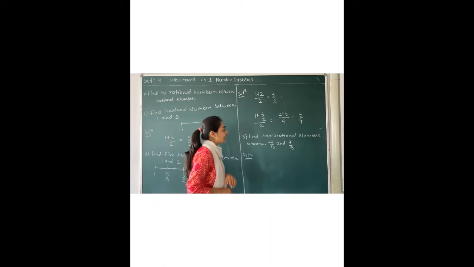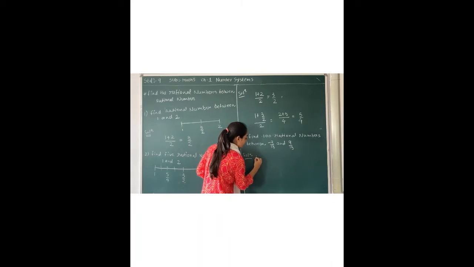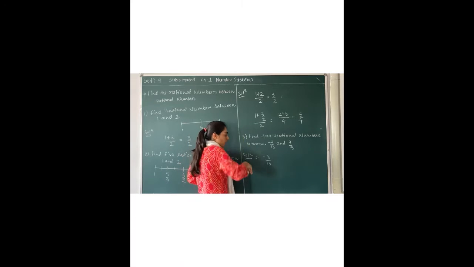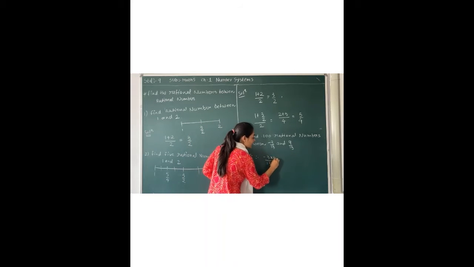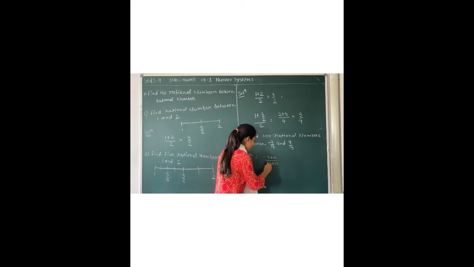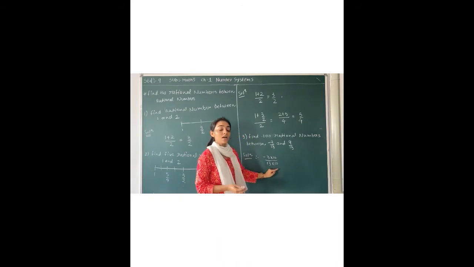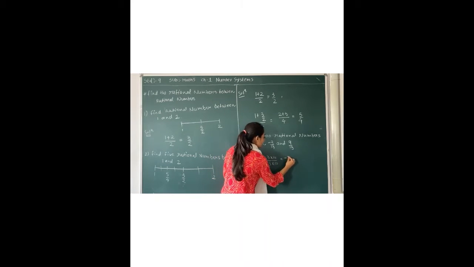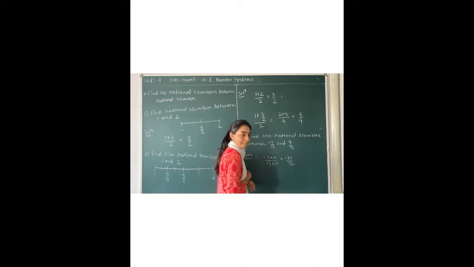So the trick is that what I'm doing here is taking minus 3 upon 30 and multiplying with 10 and 10. If I multiply the numerator with 10, I have to multiply the denominator with the same digit also. So we get minus 30 upon 300.